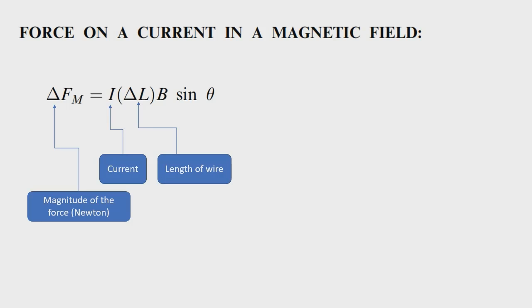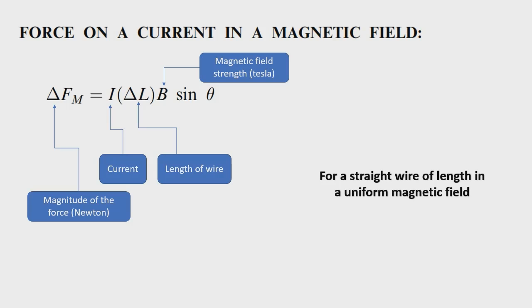Delta L is the small length of the wire, and B is the magnetic field strength in Tesla, multiplied by sine theta. However, for a straight wire of length in a uniform magnetic field, instead of using delta L, it only uses the capital L, which is the length of a straight wire.